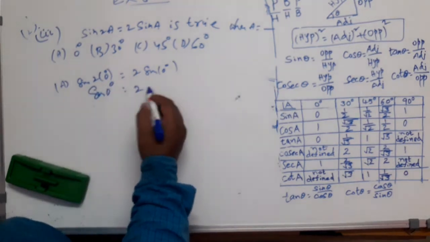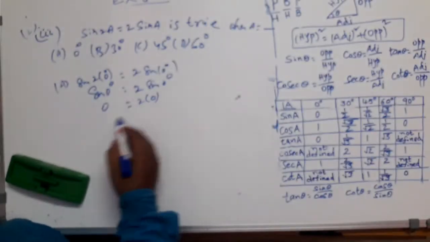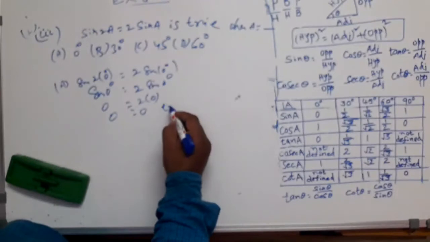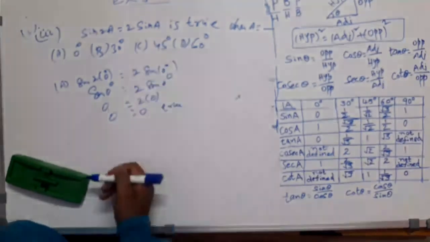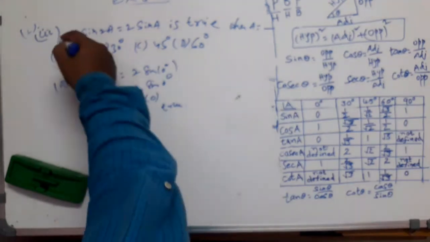The right hand side is 2 times sine 0 degrees. Sine 0 is 0, and 2 times sine 0 is again 0. So 0 is equal to 0. This is true. Need not go for the remaining ones. So your answer is option A.